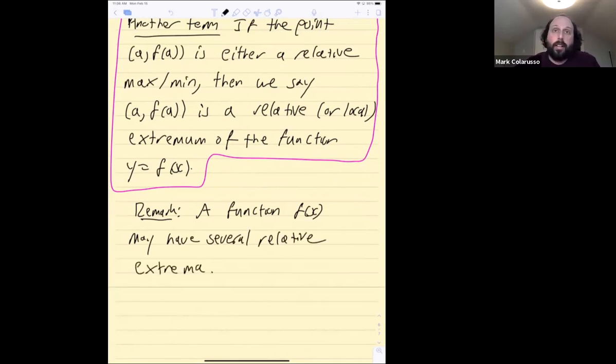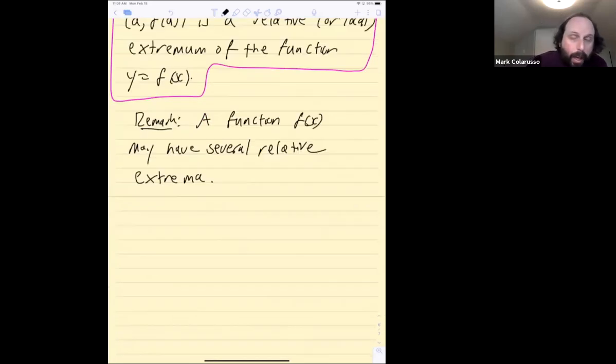So it doesn't have to have just one relative max or one relative min. It can have many. Some of them may even be the same value. Although we won't see a lot of that in this class probably, you should be aware that can happen.